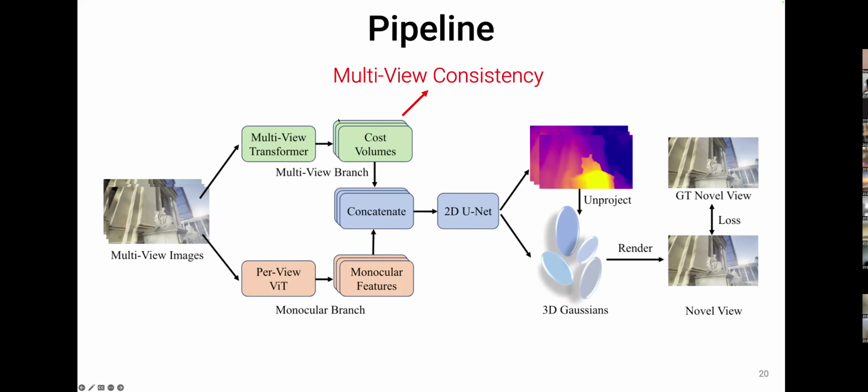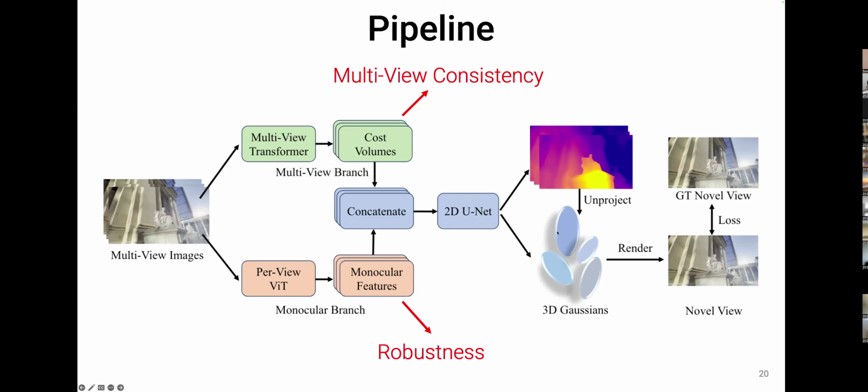The multi-view branch, with multi-view stereo, gives a multi-view consistent representation, and the monocular branch provides additional robustness. We concatenate these two features and fuse them with a 2D UNet, and output the corresponding depth, which is consistent and also very robust to different kinds of input.